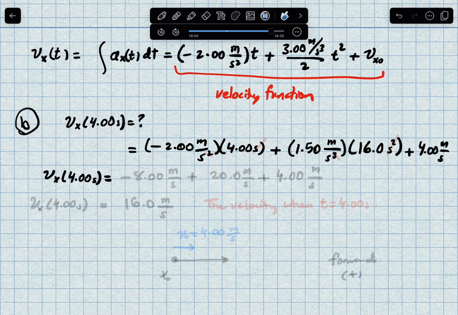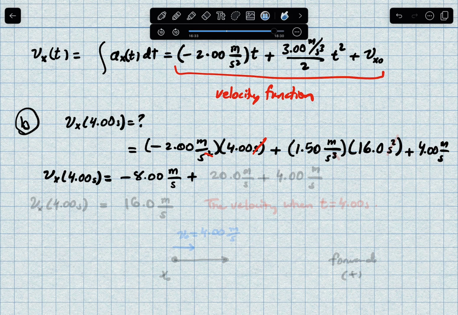The first term, you'll have 4 multiplied by 2. It's actually a -8. But you have the seconds, the second square going into a second. So you'll have meter per second, first term. Second term is 1.5 times 16.